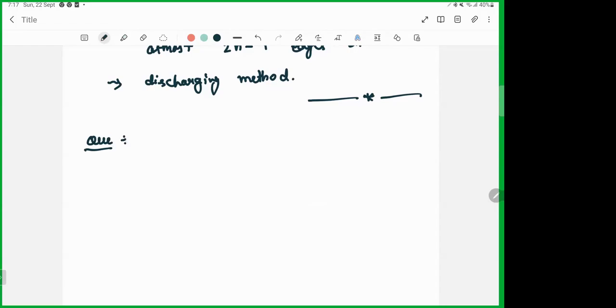So this is the theorem: state and prove Euler's formula for a planar graph with k components.